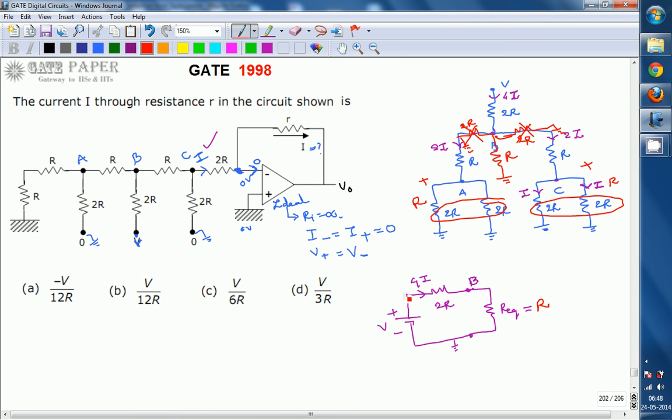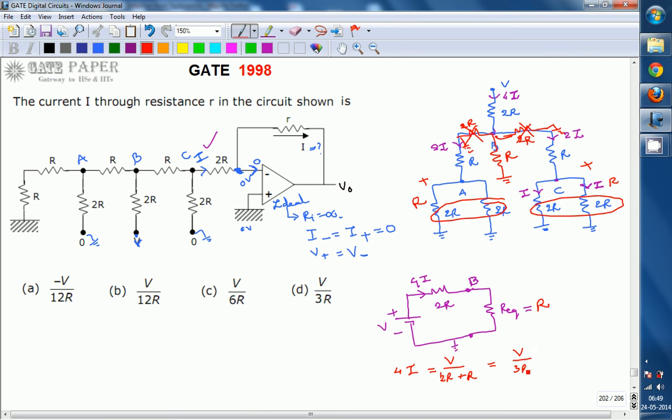Now by using KVL, Kirchhoff's voltage law, you can calculate the 4I. The current flowing through this one is 4I, which can be written as voltage divided by total resistance. Total resistance is 2R plus R equivalent, and R equivalent is R, so 2R plus R, which gives V by 3R.